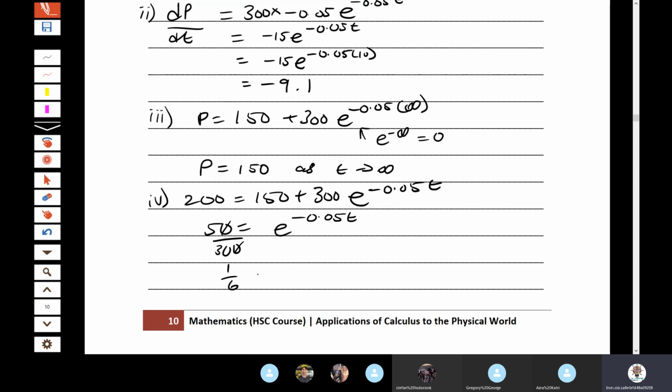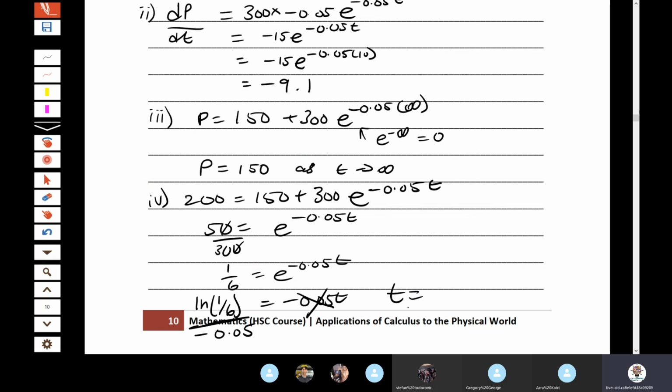You would log both sides. Yep. And you would bring this down. So your answer looks like this. Log both sides. Bring this guy down. And then divide. And that is the time. Easy.